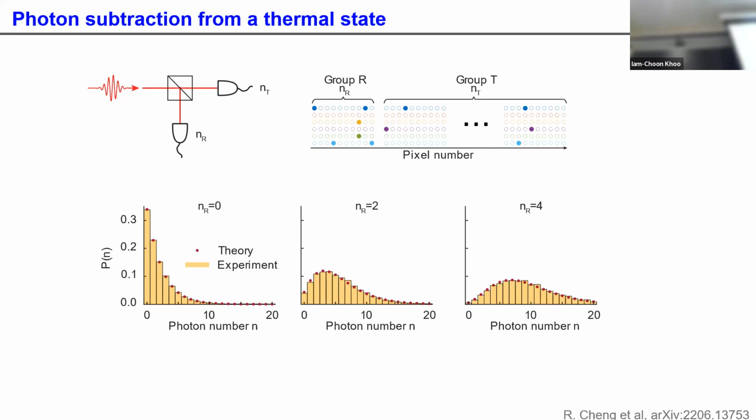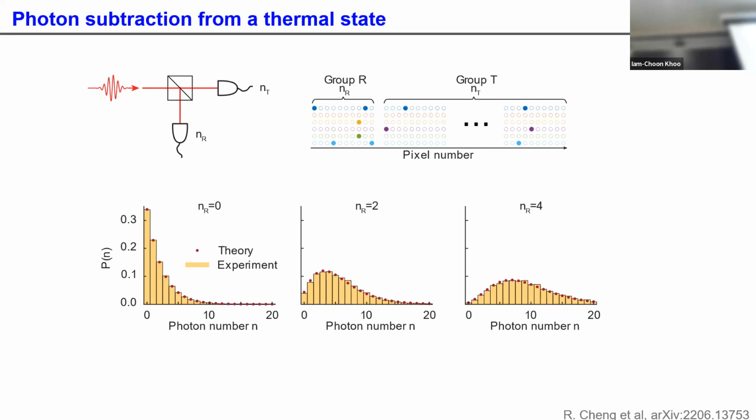And now we're interested in the subtracted state. If you subtract 0 photons, you have the expected Bose-Einstein distribution. But if you subtract 2, you see it becomes more Poisson-like. If you subtract 4, it becomes even more Poisson-like. So when you subtract photons from thermal light, it becomes more like coherent light.